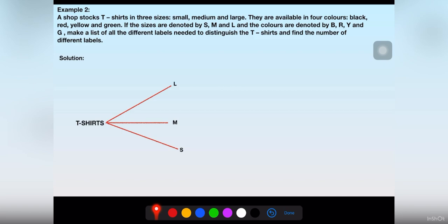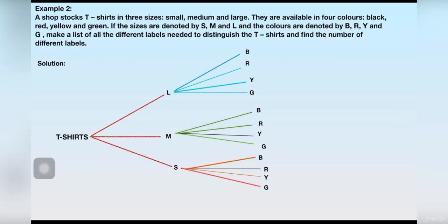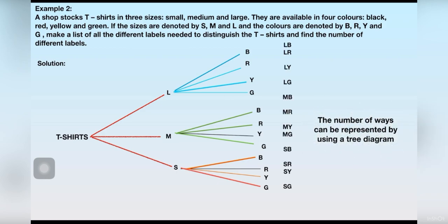And then for each size we will have colors B, R, Y, and G. So for S: B, R, Y, and G. For M: B, R, Y, G. These are the labels of the t-shirt.